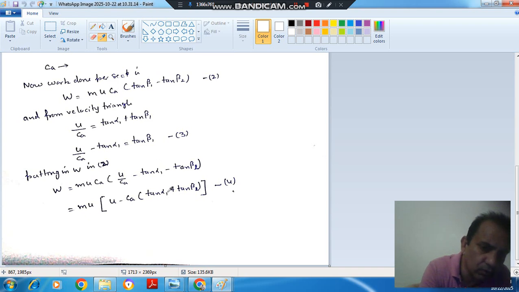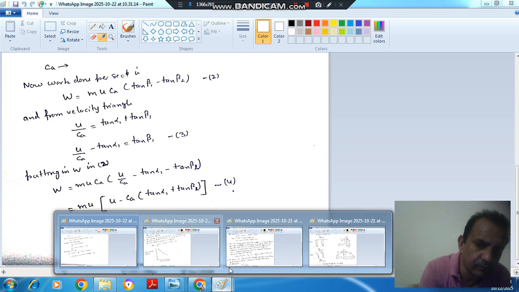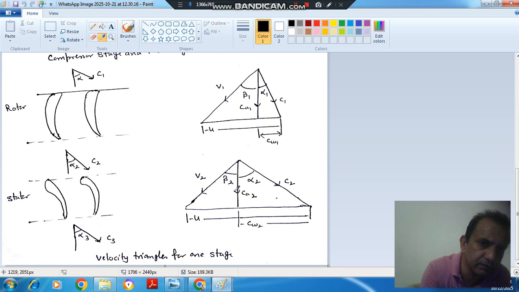So here we have got the expression in terms of alpha 1 and beta 2. If we see the velocity diagram, this is your alpha 1. This is the inlet angle of rotor, or we can say the outlet angle of stator.